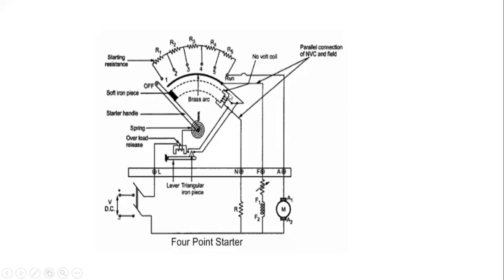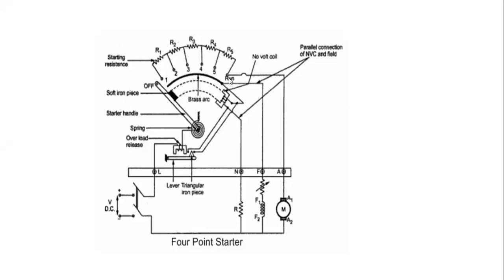This is the handle, this is the no volt coil, and this is the overload coil. The handle is held by a spring, and we add one soft iron piece, and these are the electromagnets. When we give the supply, the magnet is energized and attracts the soft iron piece, and the handle moves from the off position to the on position.